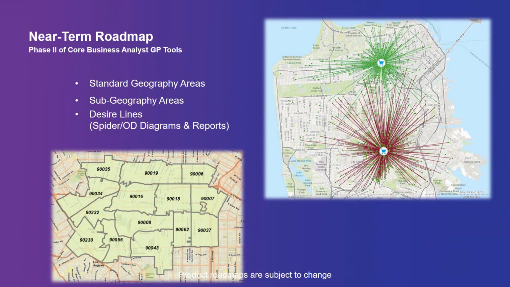And then desire lines, also known as spider diagrams, origin destination diagrams, and the associated tabular data information.